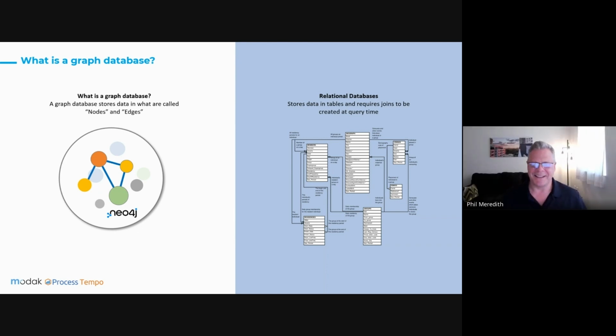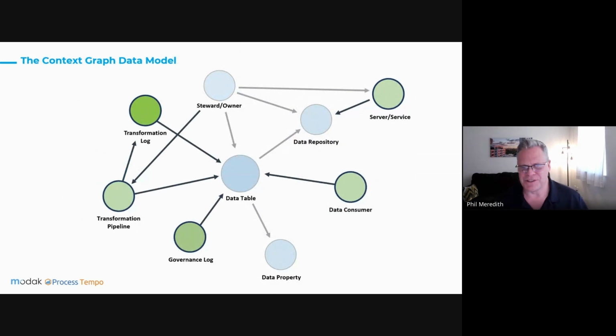Right on. And you teed up this next slide for us, which is what the graph metadata or data model would look like once implemented. So here you have the different nodes. Each are categorized based on the different data elements we capture in the graph. So for example, in the middle, you have a data table, and the table has properties. A table might have a steward or an owner, and it might belong to a data repository like a database.